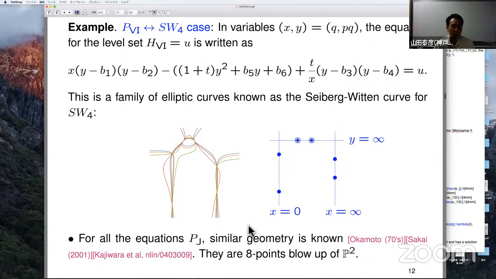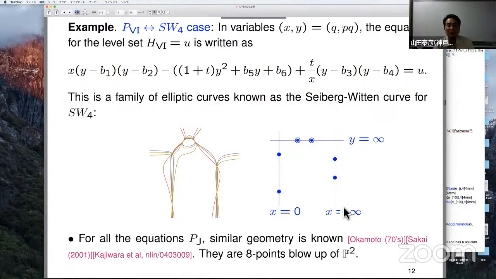For all the classical Painlevé equations, a similar geometry is known, which was first initiated by Okamoto, and they are all 8-point blowups of P1 cross P1 or 9-point blowups of P2.